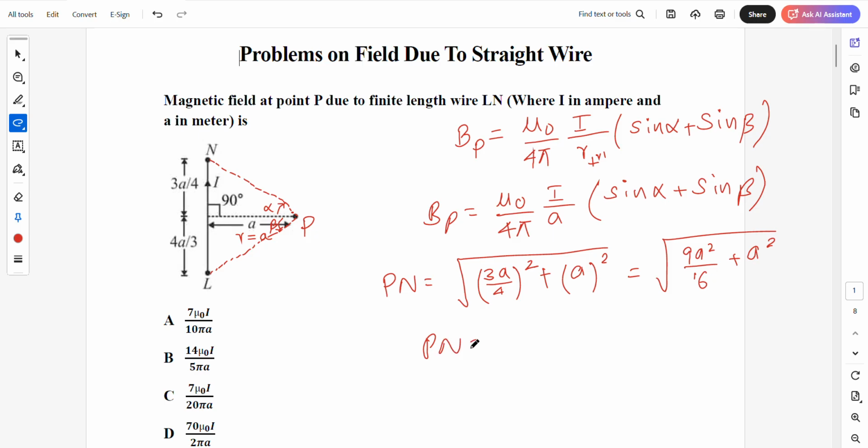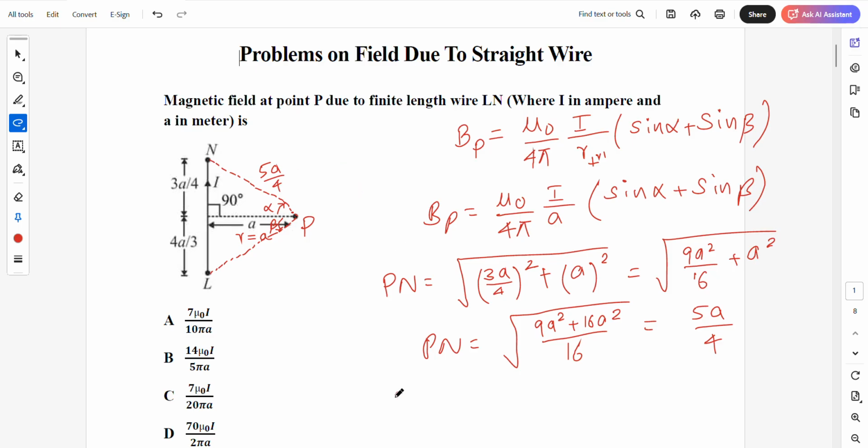PN is equal to square root of, with 16 as the denominator, 9a square plus 16a square. 16 plus 9 is 25. 5a by 4 we will be getting. Okay, 5a by 4.